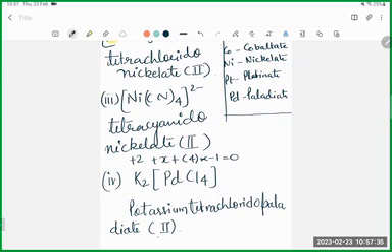So the oxidation state is +2. Did you understand?